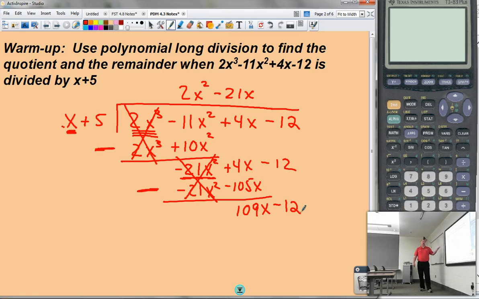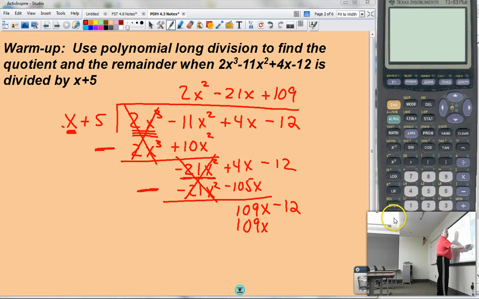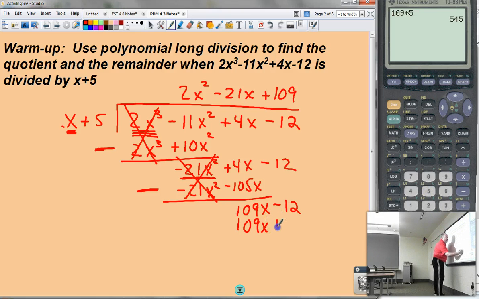Now, unfortunately, these numbers are getting big, so the last number in my quotient is going to be plus 109. Multiplying 109 times x is 109x. And then, using our handy calculator, 109 times 5 is 545.